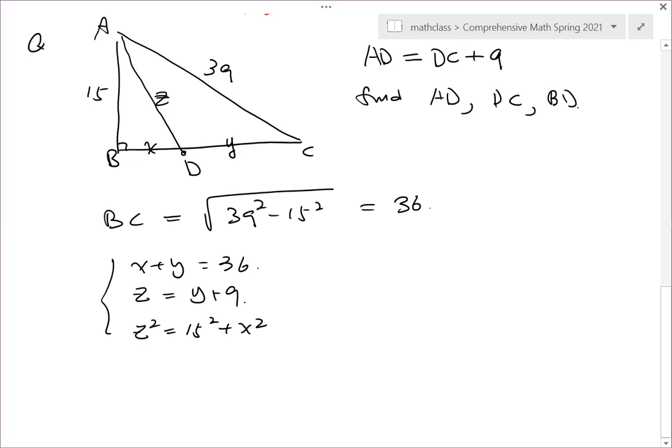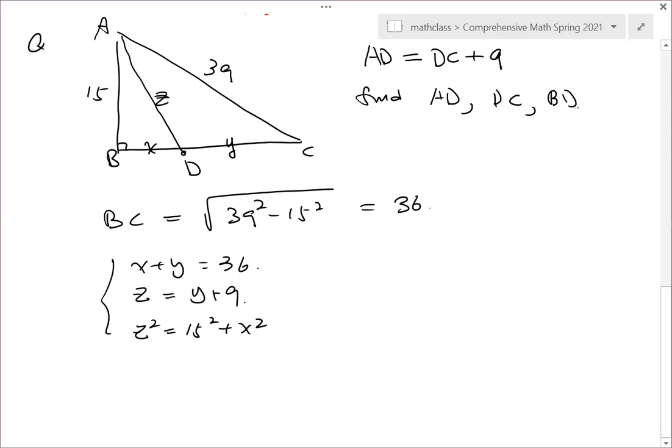All right, can anyone solve the question? Okay, you must get the equation in one variable at the end, right?